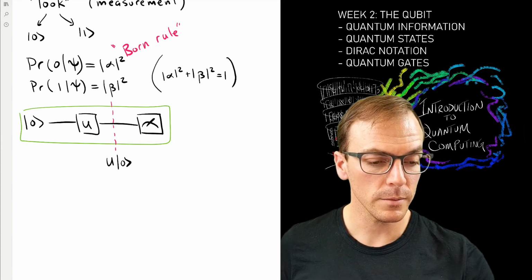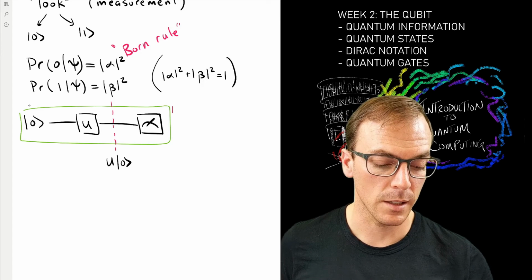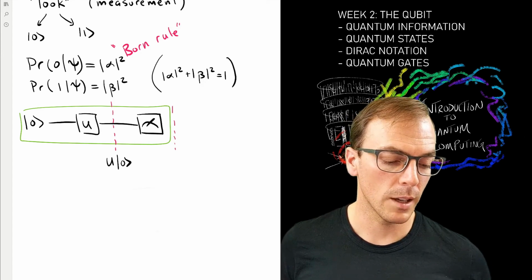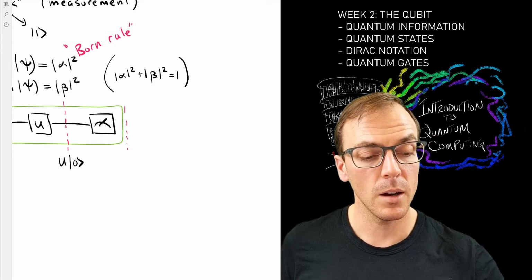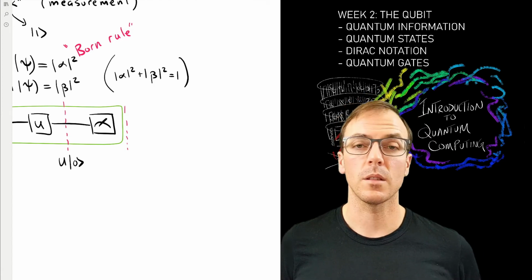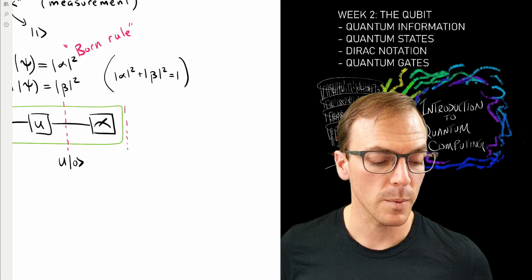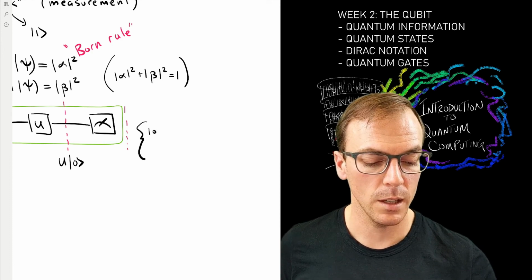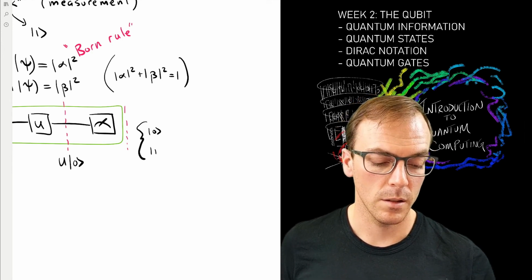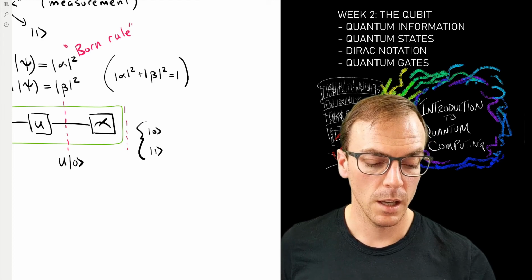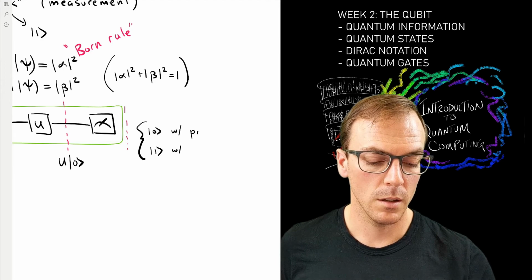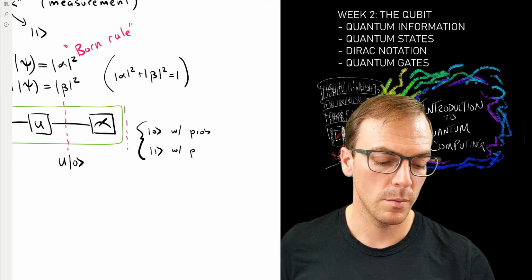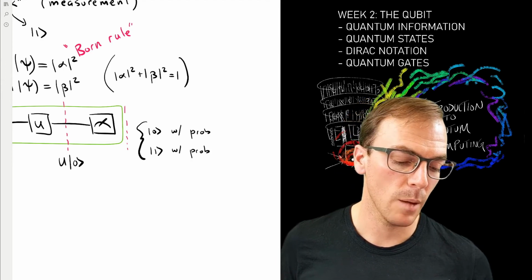Okay. And then when I finally get to the end, I don't write down states anymore, because now this look operation, this measurement, is being performed, and I have a distinct set of possibilities. It's either 0 or 1, and according to this rule, there are some probabilities for that to happen.